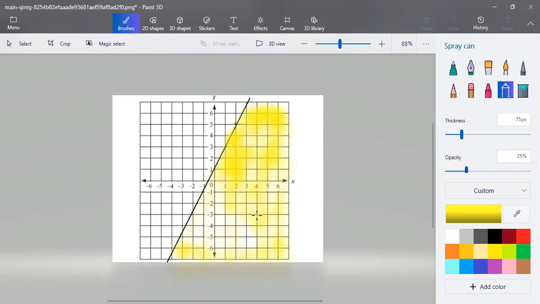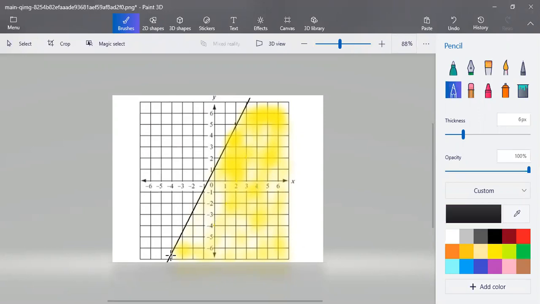Okay, what does the next inequality say? The y-intercept was -4 and the slope was 2 over 1. So 2 up, 1 to the right, again and again.